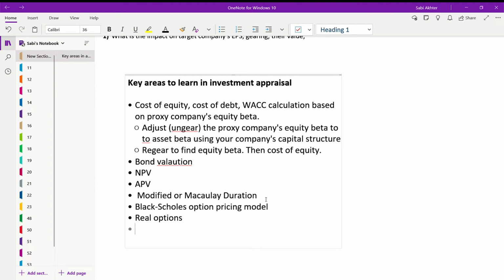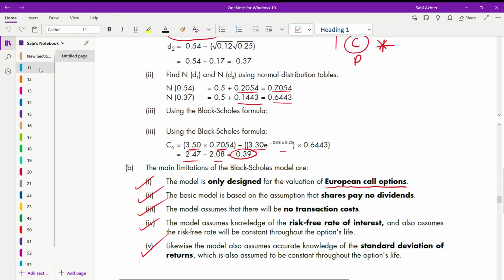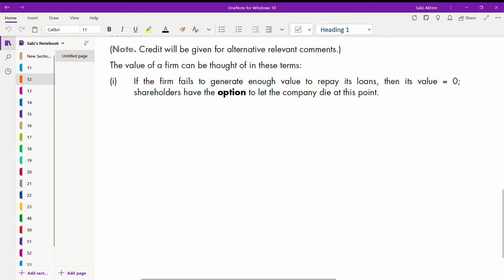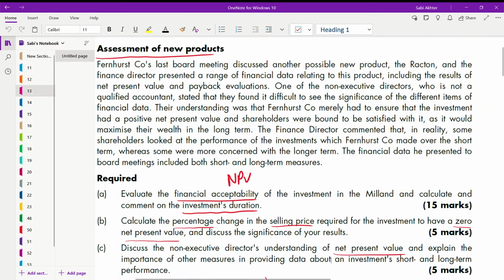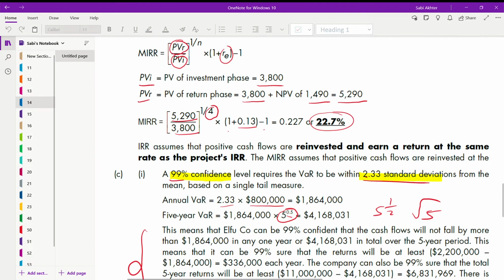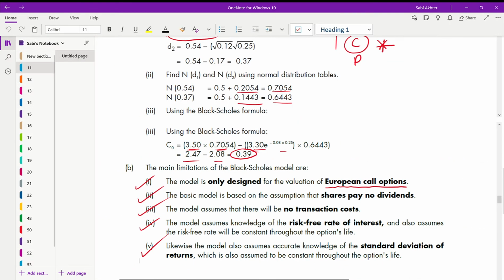Next, what is it? Any idea? Have to go back to the question. Limitations, okay. 12 is the same. 13. 14. Okay, MIRR and IRR, all that stuff.